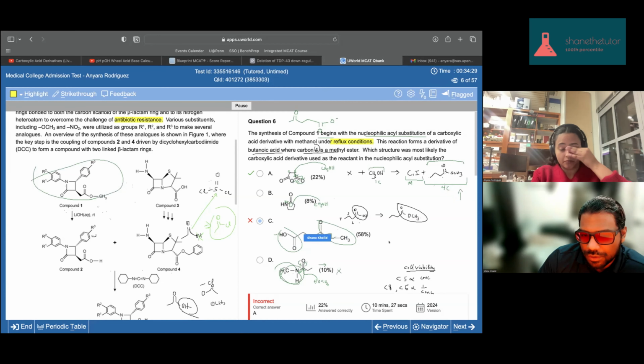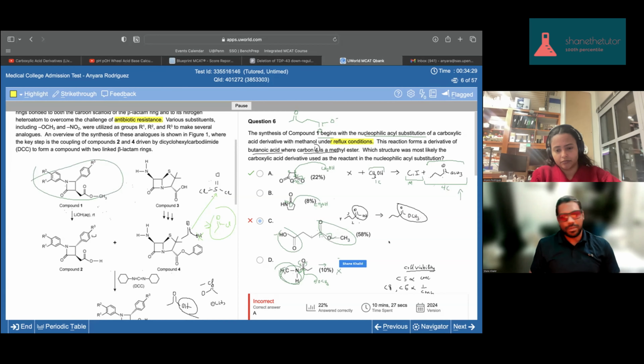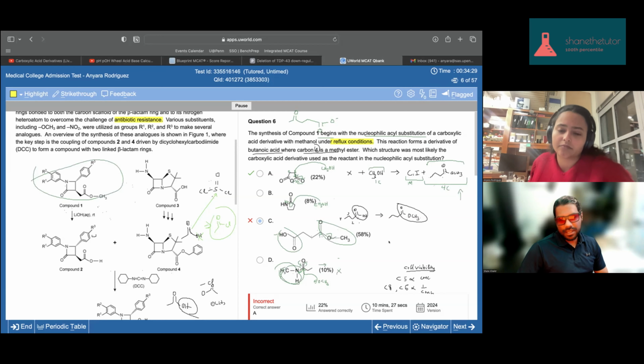So let's see, 1, 2, 3, 4 carbons here. Wait, five carbons there. But the carboxylic acid is attached to the ester, and we want something that won't have both of these things, because if you just had this carboxylic acid, the methanol could act to deprotonate it just because the acid will behave like an acid.